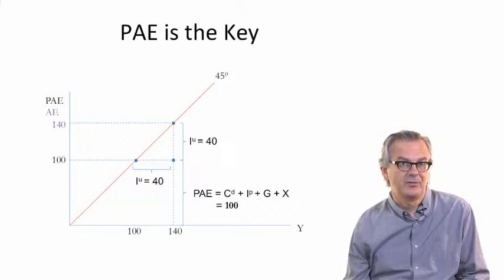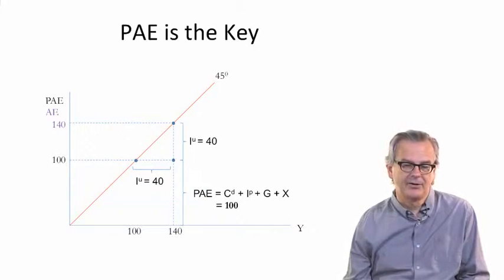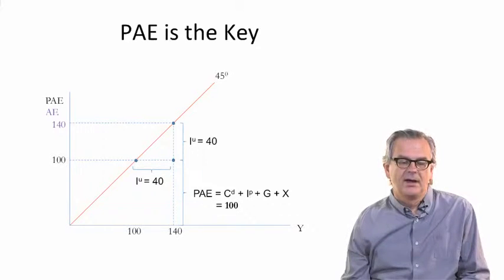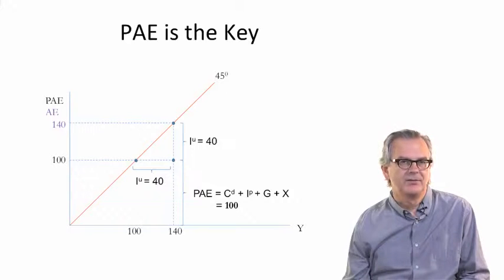All of those are captured by the concept of planned aggregate expenditure. An important consideration for us as we develop this framework is the distinction between equilibrium, a point on the 45-degree line, and disequilibrium.